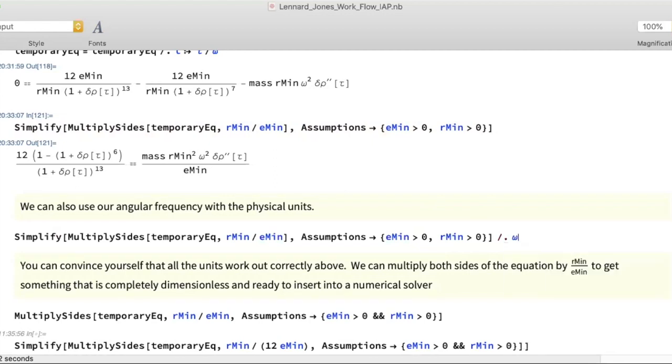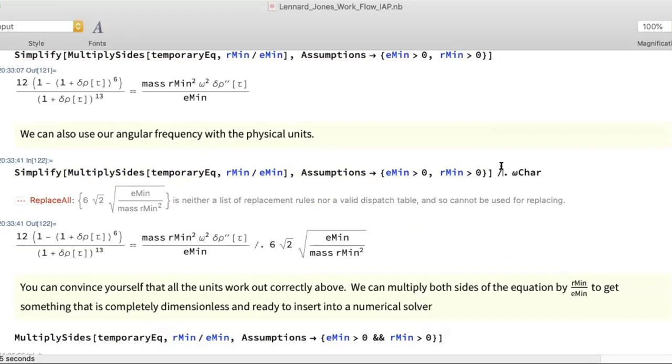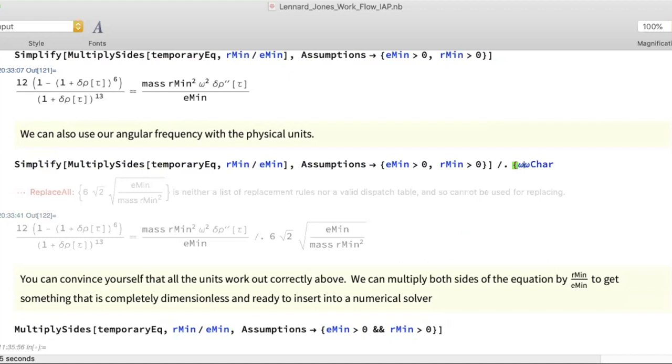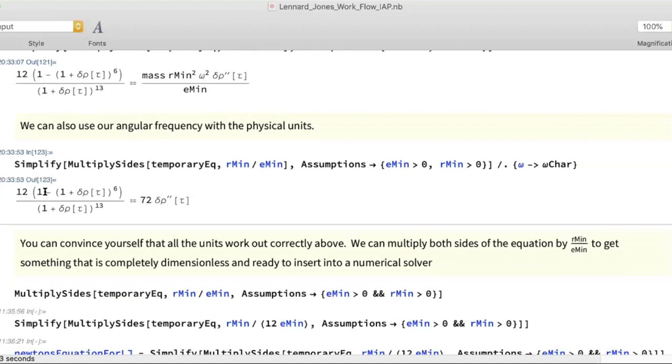I think that's what I called it. Yep. And I need to say omega goes to this characteristic value of omega. Okay, and so now I have one equation which represents my fully nonlinear equation.